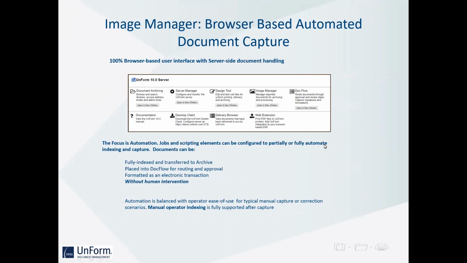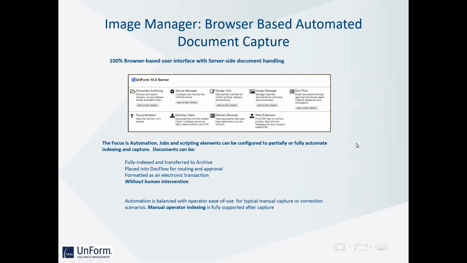The job definitions that we use to process documents can still do manual indexing, but the idea here is to be able to bring a document in, fully index it, transfer it to the archive, or place it in a doc flow so you can route it for approval or a variety of other uses, or even format it as an electronic transaction to be handed off to the ERP for automated data entry, and all of that without having to have any human intervention.